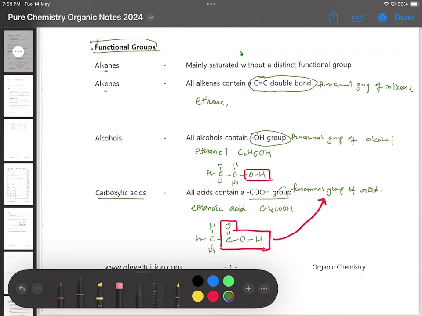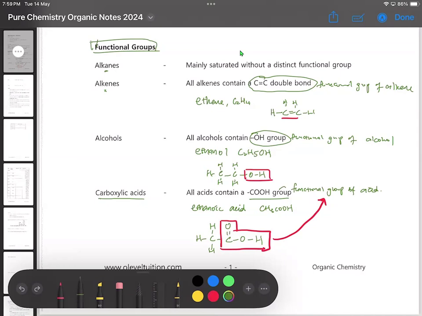From here, we have the structure C2H4. And this is the functional group of your alkenes.